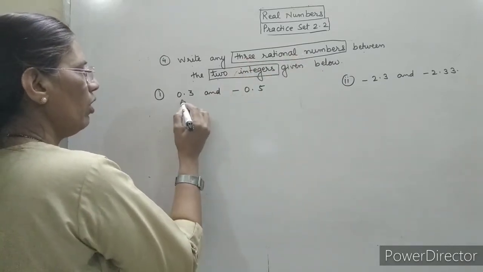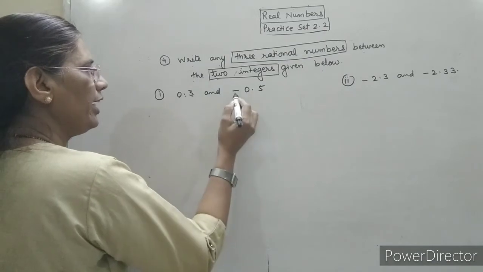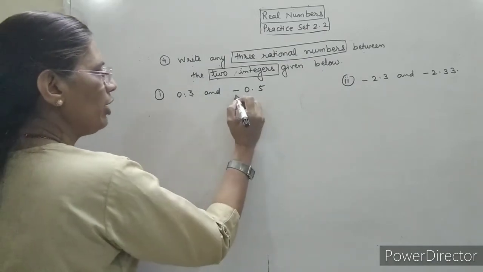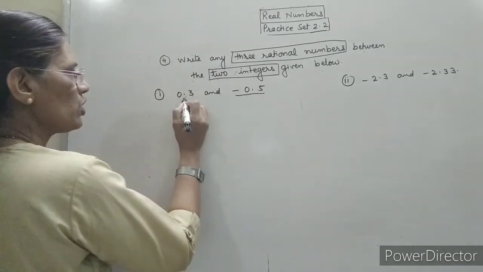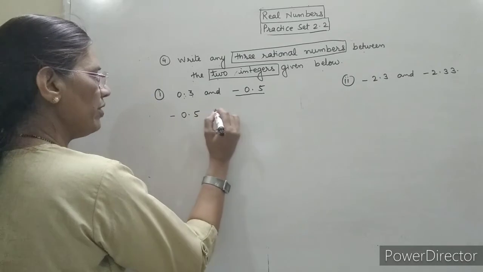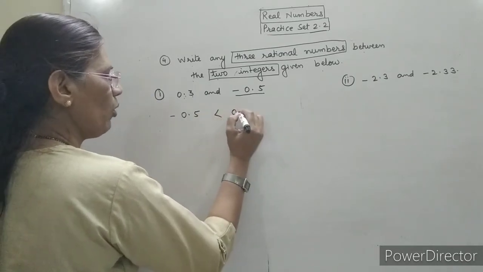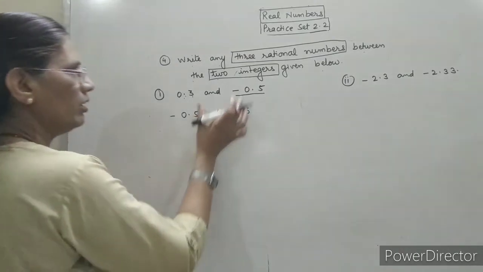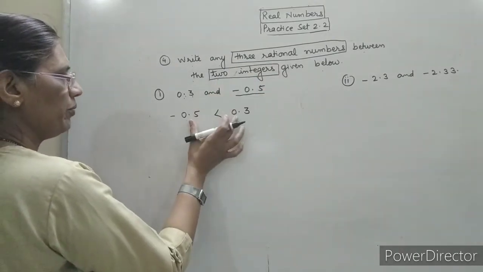First of all, 0.3 and negative 0.5. If you compare this, negative 0.5 is smaller than 0.3. Therefore, I will write negative 0.5 is less than 0.3. Now, I have to write three rational numbers in between them.